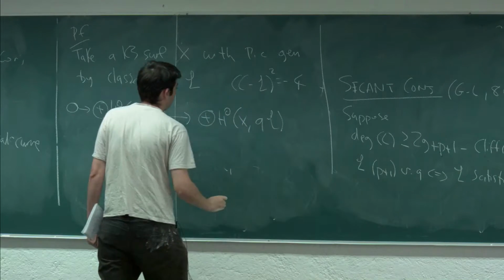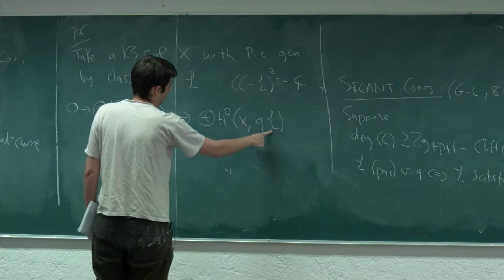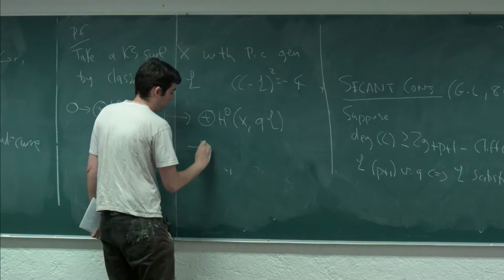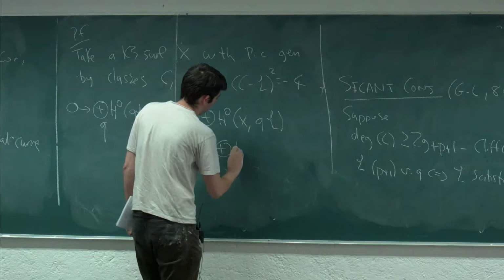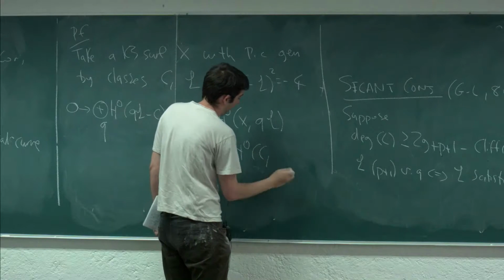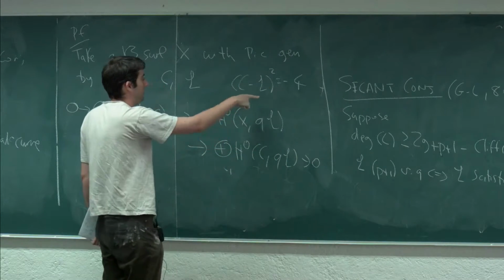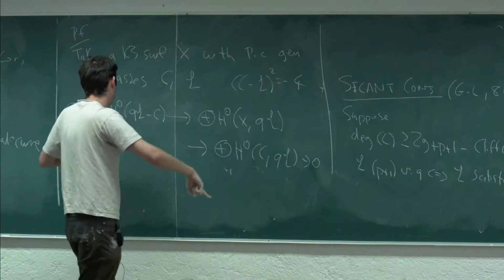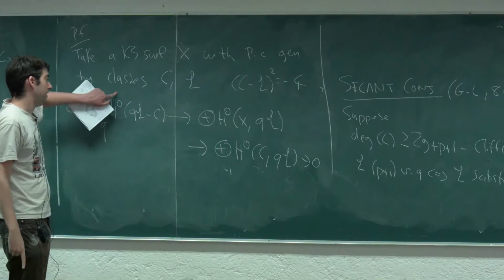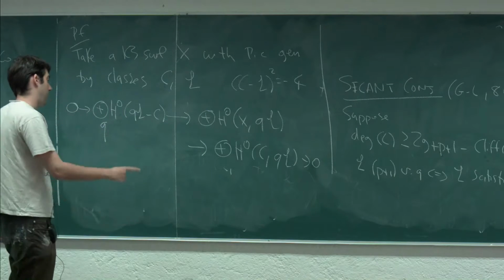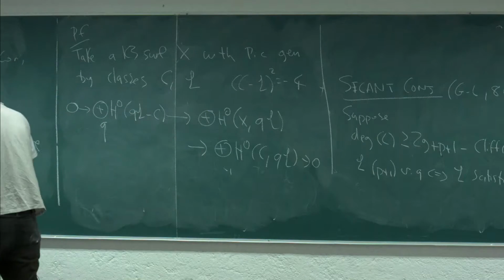So we have in the middle sections of the line bundle L, all powers q. And then we restrict this to C. Okay, so because this self-intersection is -4, in particular, this H1 is always going to be 0, and then you get a short exact sequence like this.